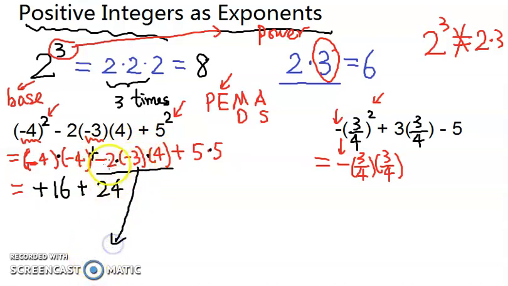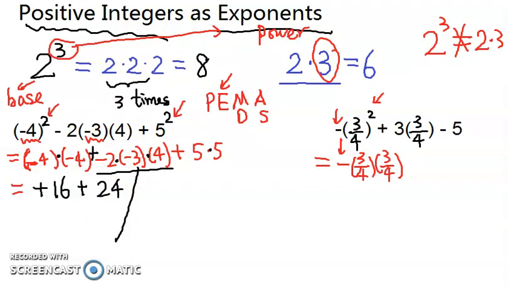The other way to do the problem is keeping this minus sign and work this out. 2 times -3 is -6, -6 times 4 is -24. So you're going to have -24. And we know 2 negatives make a positive. That will still give you positive 24. That's why we didn't do it this way, because the way I did it was much quicker than this.